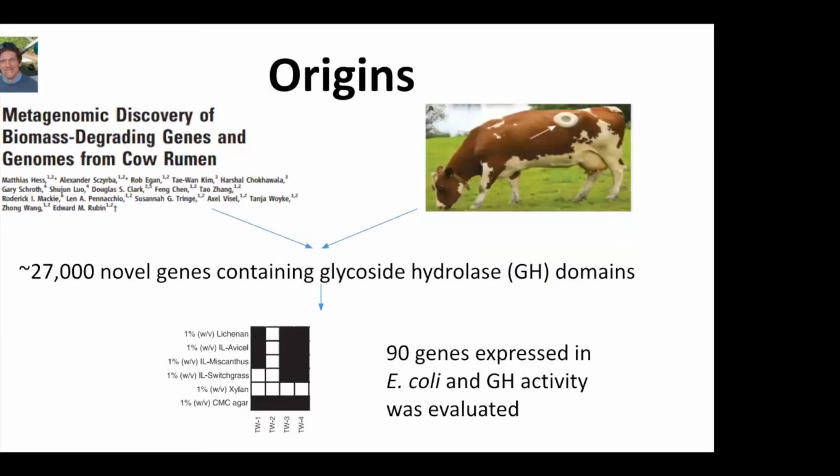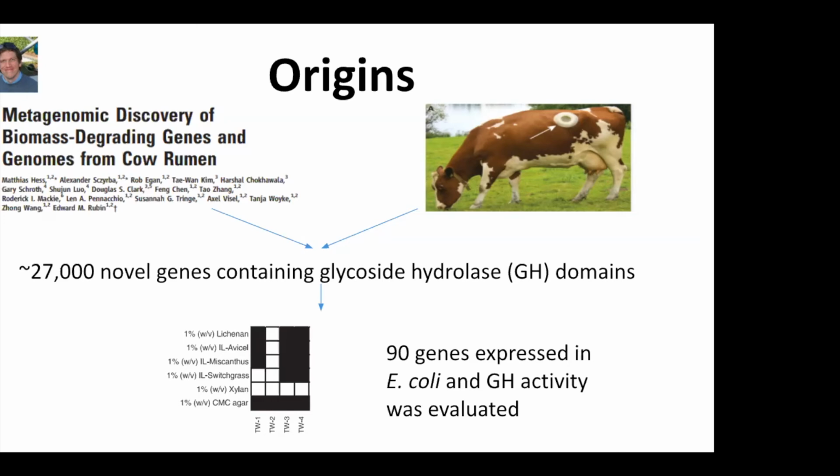So the CURE that I and some colleagues have developed over the past 5 years started with this paper, Metagenomic Discovery of Biomass Degrading Genes and Genomes from Cow Rumen. This was published in 2011 by Matthias Hess and colleagues at the Joint Genome Institute. Matthias is pictured in the upper left corner there.